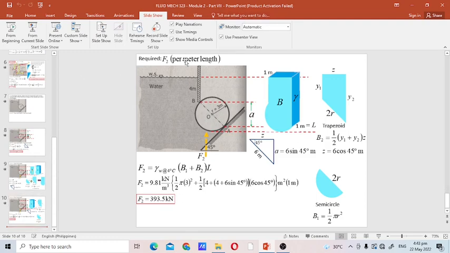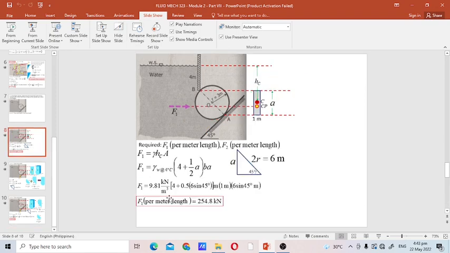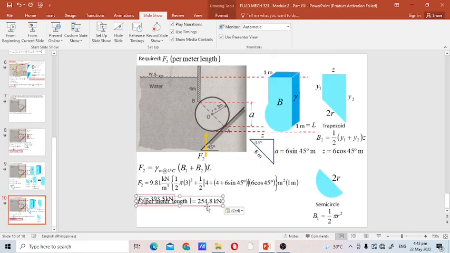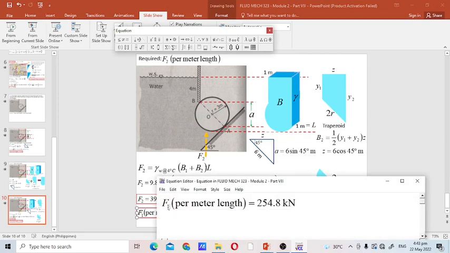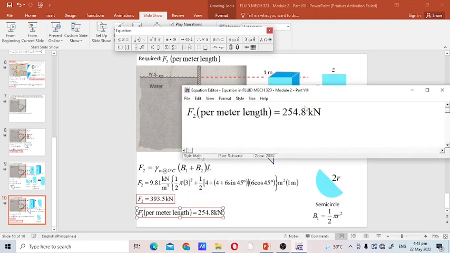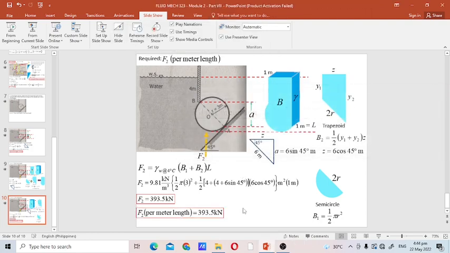So, F2 per meter length natin ay equal to 393.5 kilonewtons, no? Okay? So that ends my presentation. Good day, everyone.